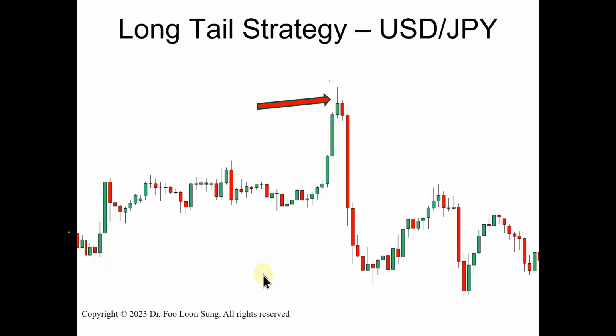So you've got a candle here, you've got a long tail. A long tail basically means a rejection. As a result, you find that the market moves very strongly up.